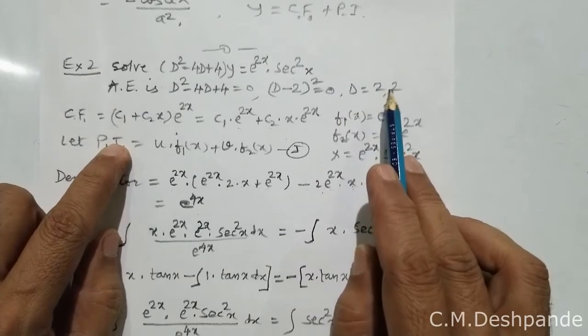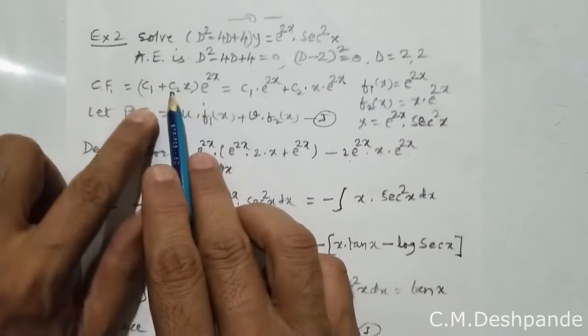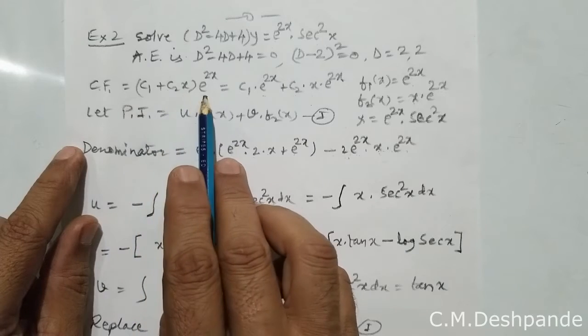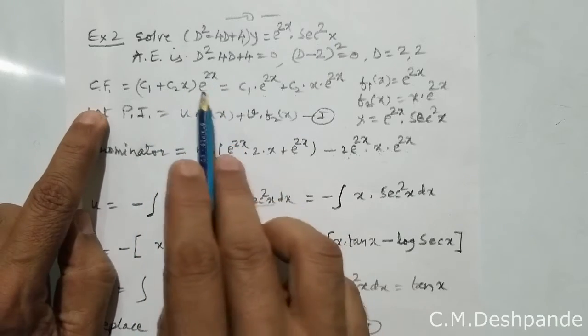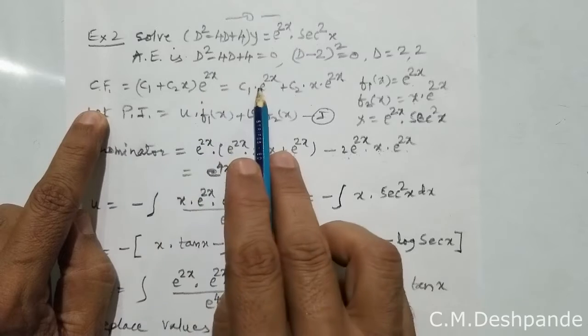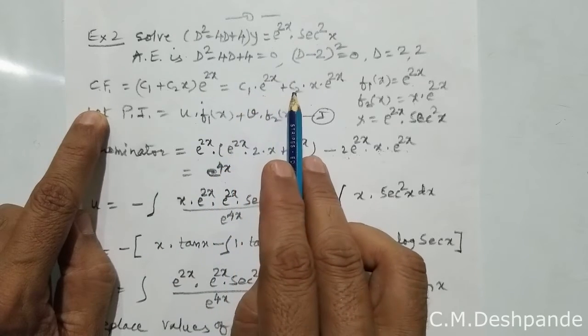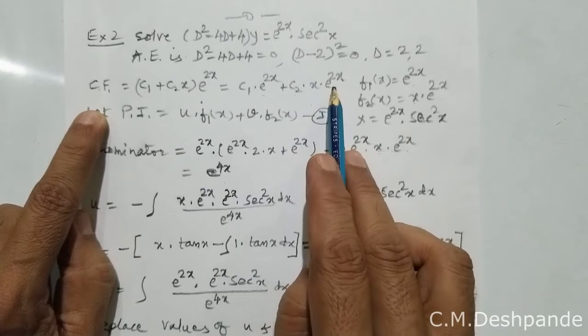So using case number 2, CF is given by C1 plus C2x into e raised to 2x, and multiplying the bracket by e raised to 2x we can write it in this form: C1 e raised to 2x plus C2 x into e raised to 2x.